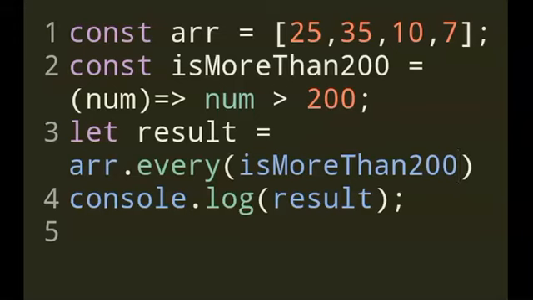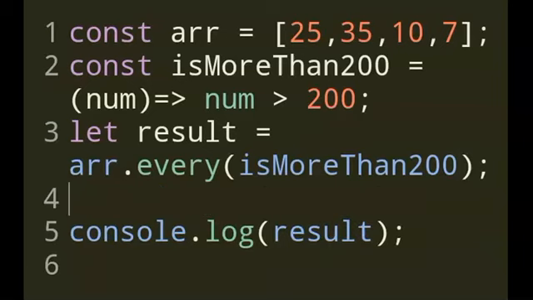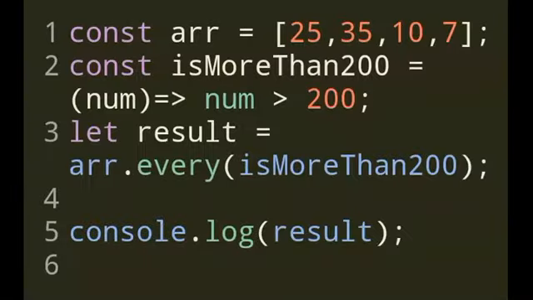Whatever array was provided, dot every, and then within the parameter I mention the function name. And then I want to print out the result. Let's see. False. The same thing, because is there anything more than 200? Nothing is more than 200. Each and every element is less than 200. So obviously it will come false.